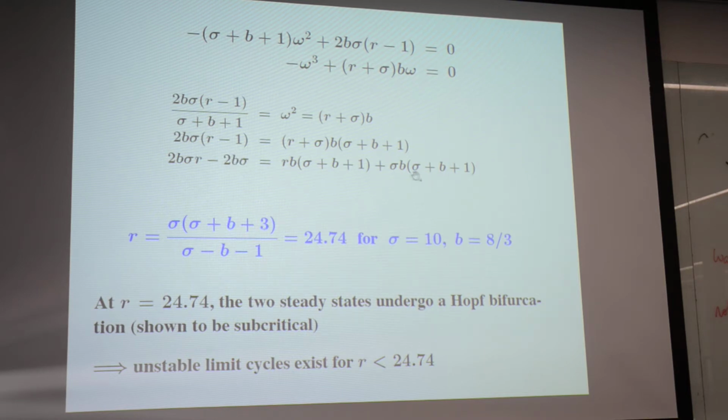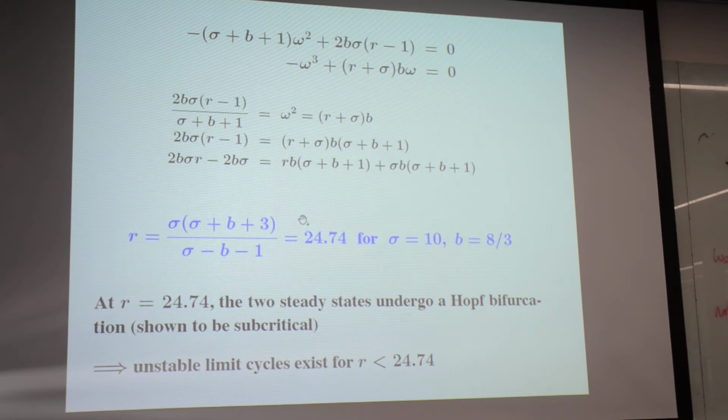And the plus 2b sigma is going to be combined with this 1 here to give us 3, right? And so we get a value, and that value is 24.74. For the particular values, recall that b, that's a geometric factor, is 8/3, and sigma, that was the Prandtl number for water, which was 10. So this is a famous value. This is the value at which the Lorenz model undergoes a Hopf bifurcation.